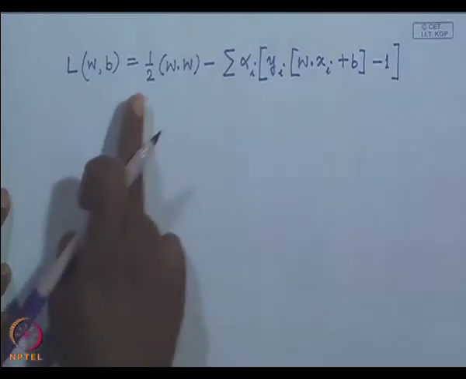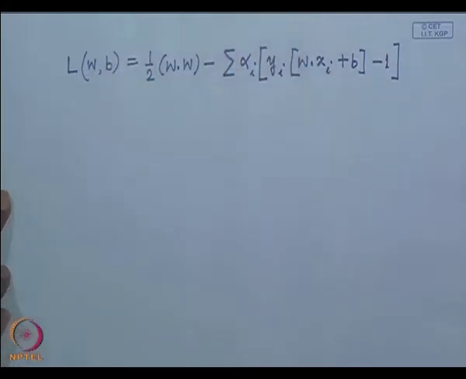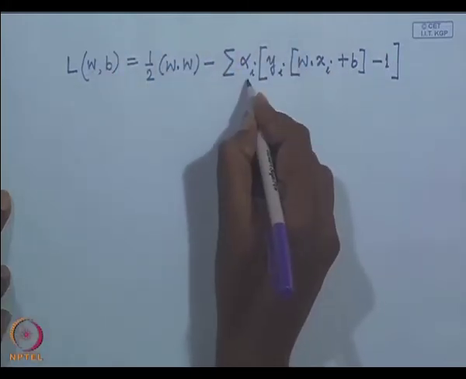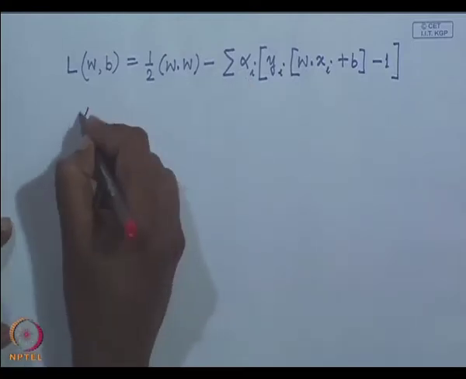And I have to optimize this Lagrangian, where this alpha_i is the Lagrangian multiplier.